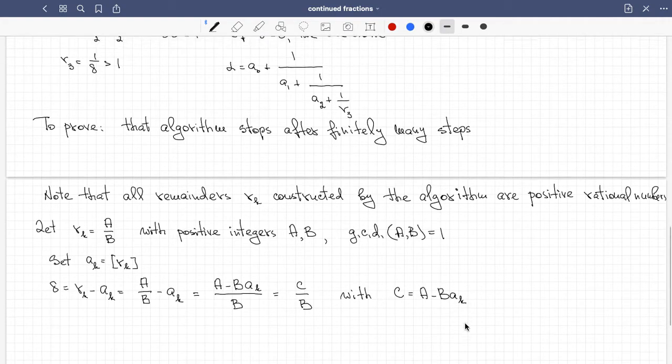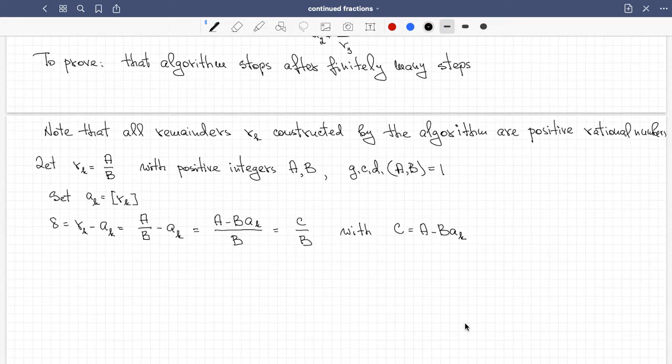What I want to say about these integers, it is important to note that c is smaller than b, because our delta, the difference between remainder and its integral part, is always smaller than 1.